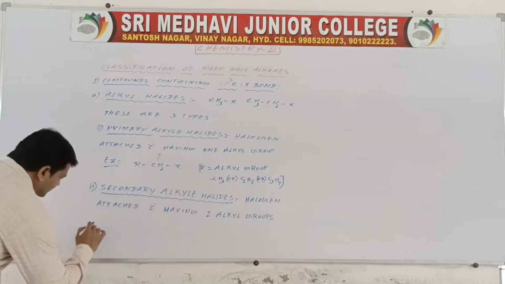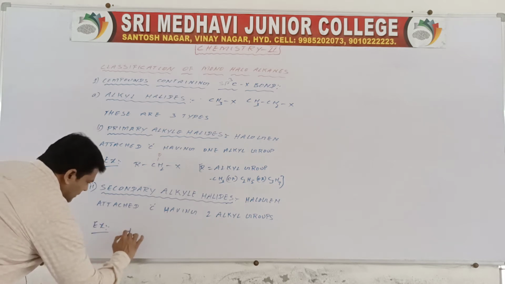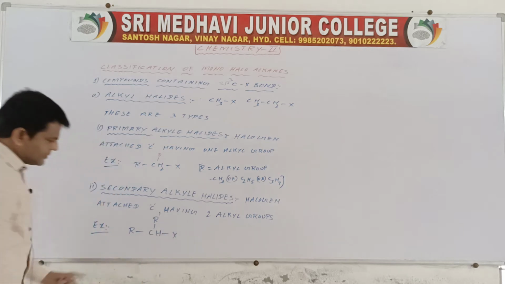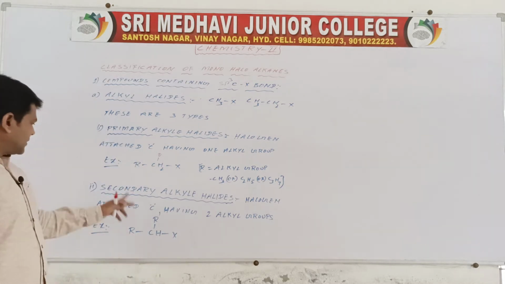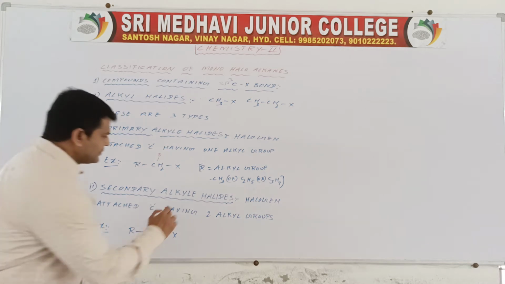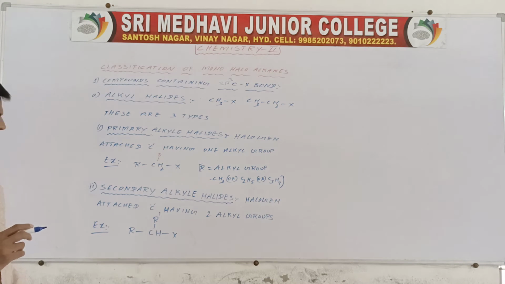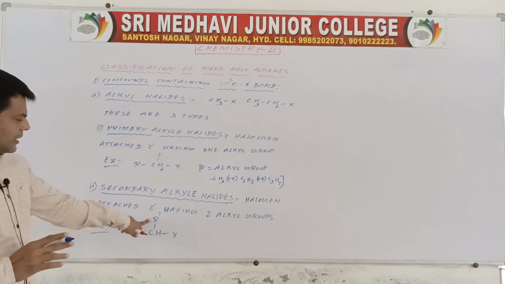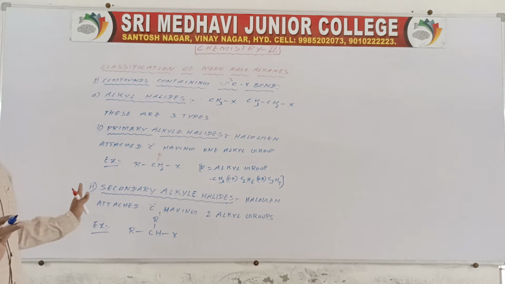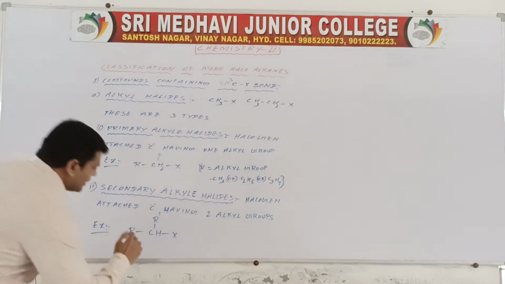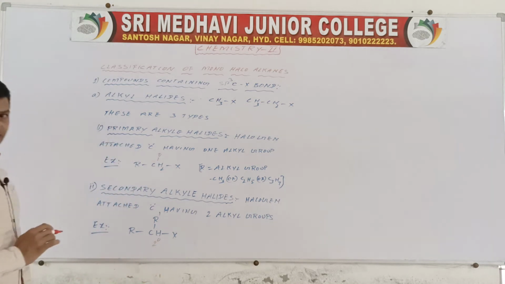For example, R'R CH X. So R'RCHX is nothing but a secondary alkyl halide. R' may be different or the same. It is nothing but a secondary alkyl group.